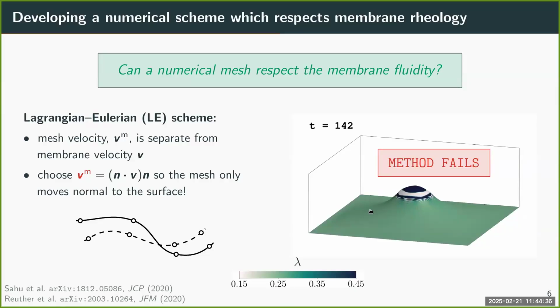In hindsight, we can understand why this is happening, because it turns out that this mesh motion that we chose is simply unable to ever form a tether. So it tells us that our initial guess that this would be successful was wrong. At this point, I'd like to summarize where we are.